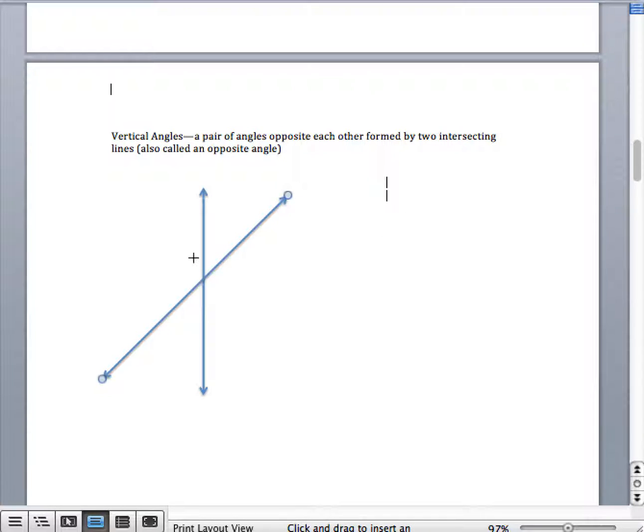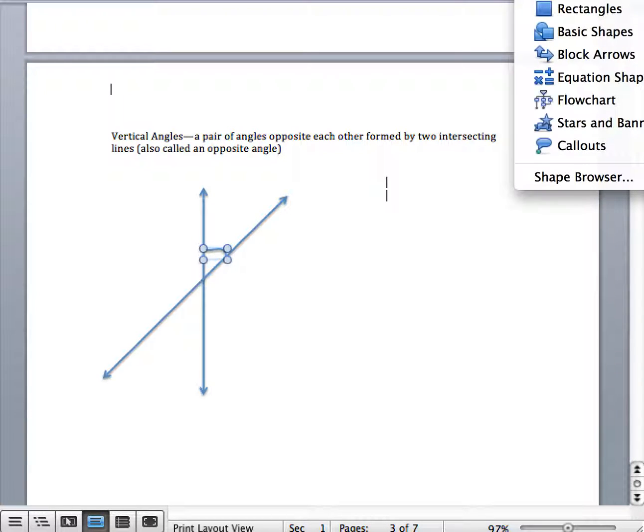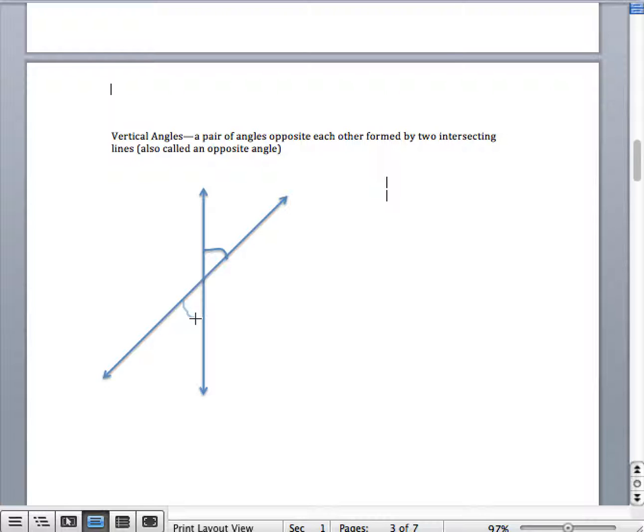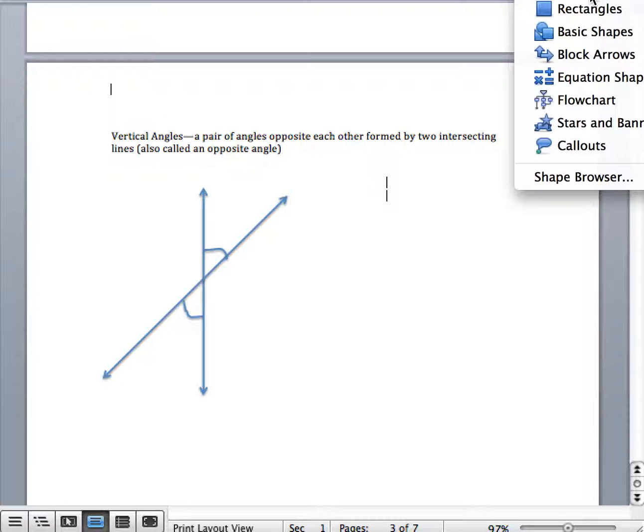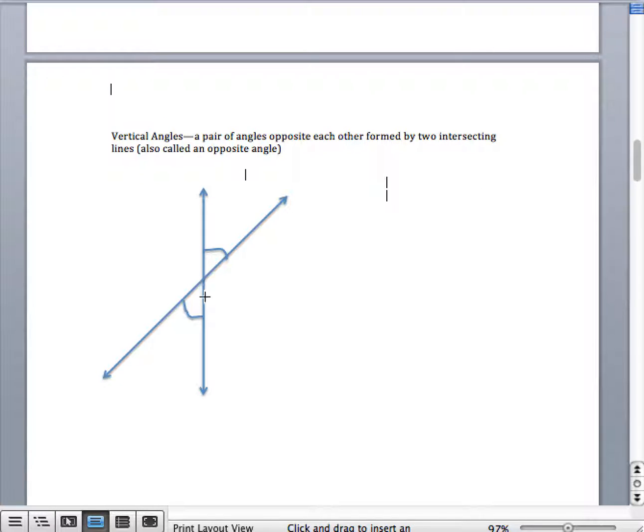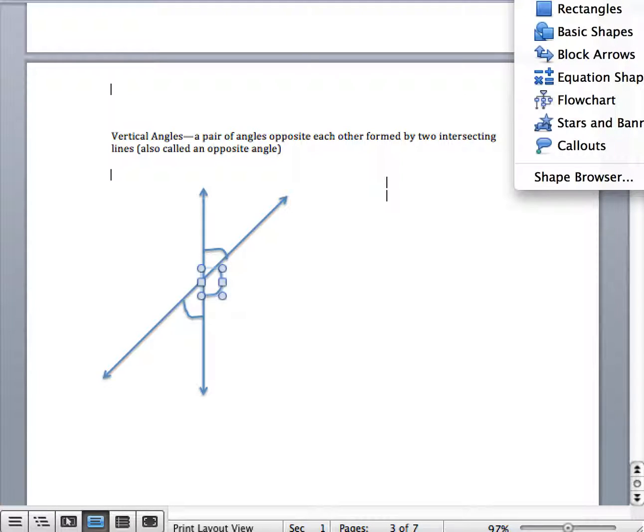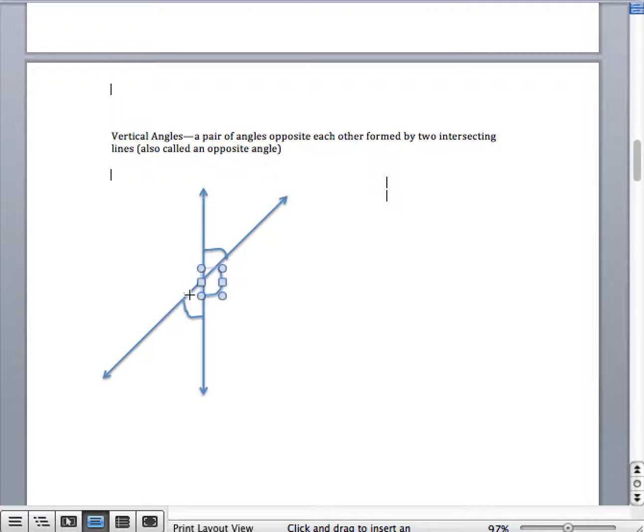And what we're going to want to understand is that this angle right here and this angle catty corner to it are equal. So these would be the same degree. And likewise, this angle right here is going to be the same as this angle over here.